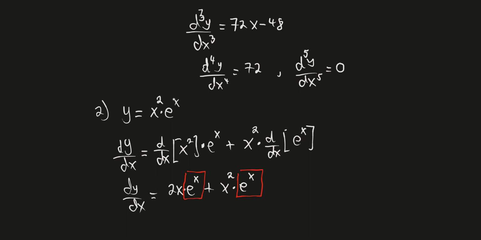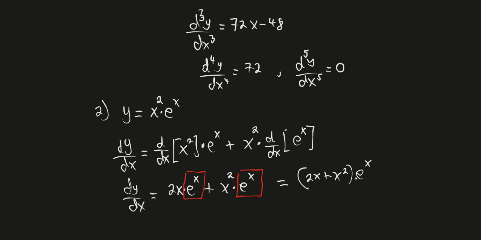We started with a quadratic times e to the x. If I factor out an e to the x and put it on the right-hand side, just like in the original function, in parentheses I would have 2x plus x squared, so another quadratic times my e to the x.